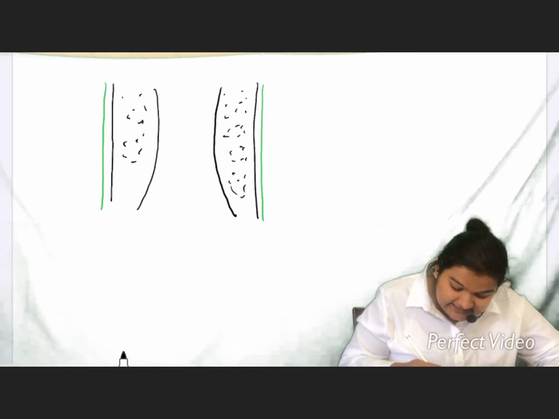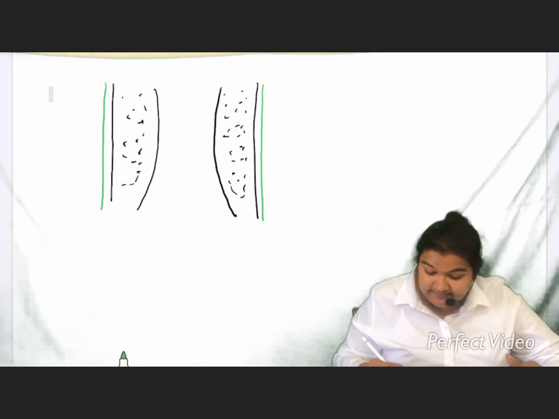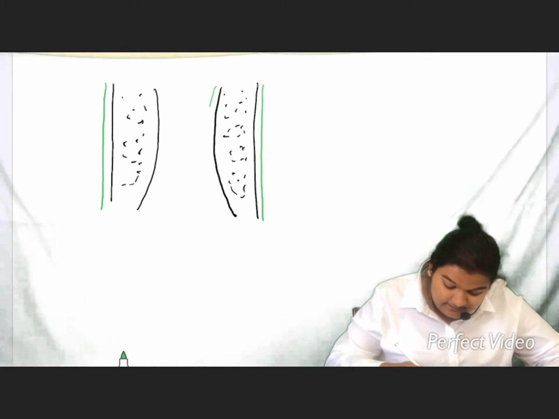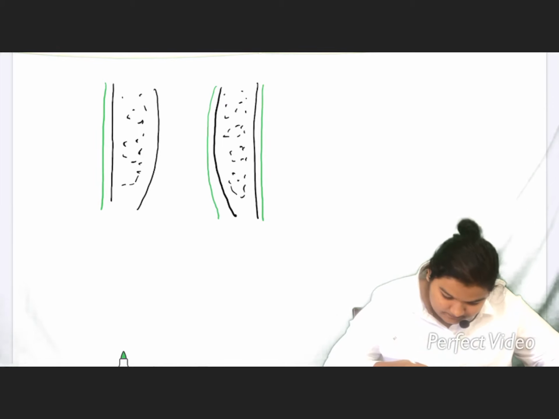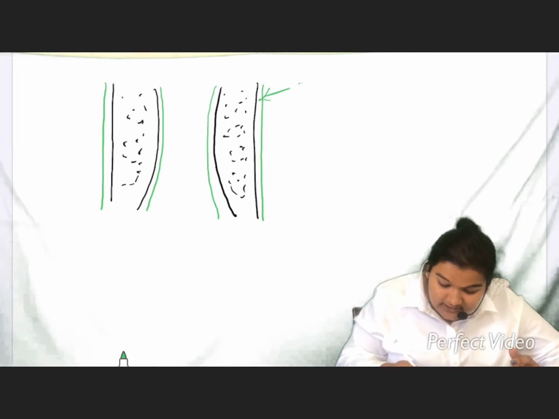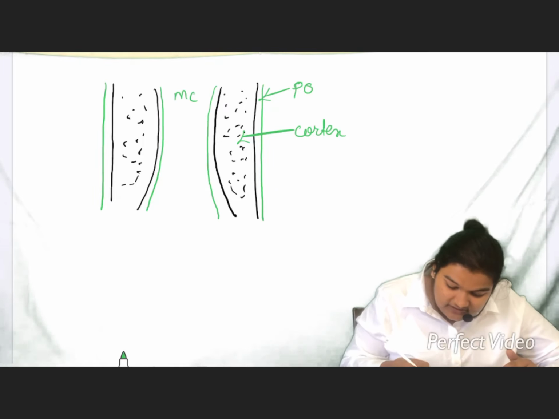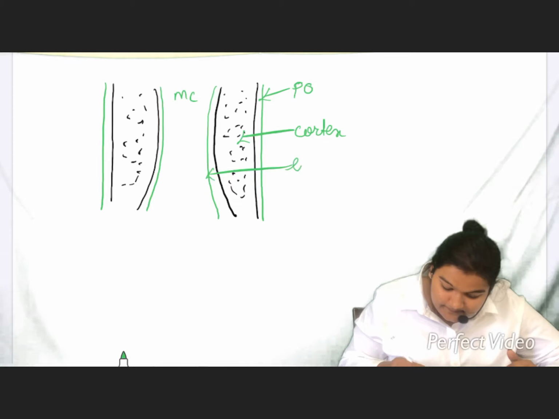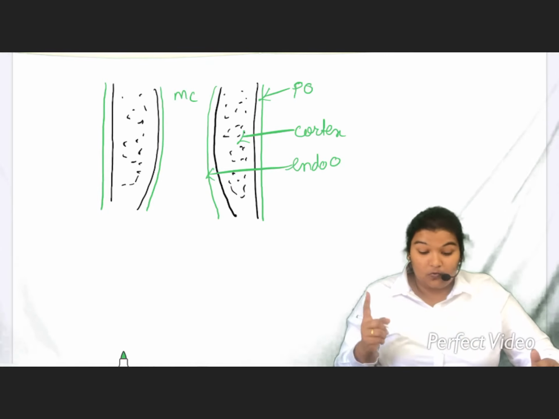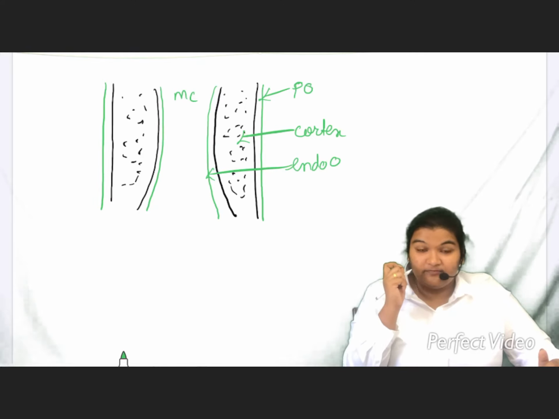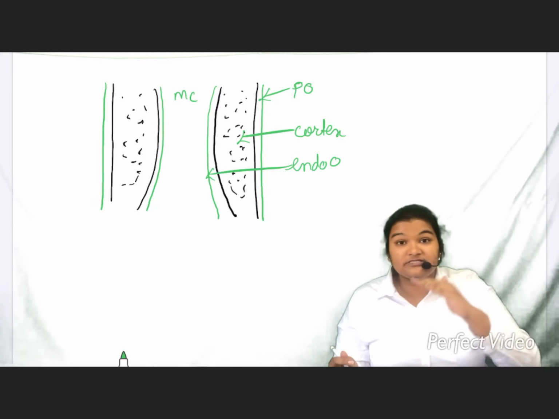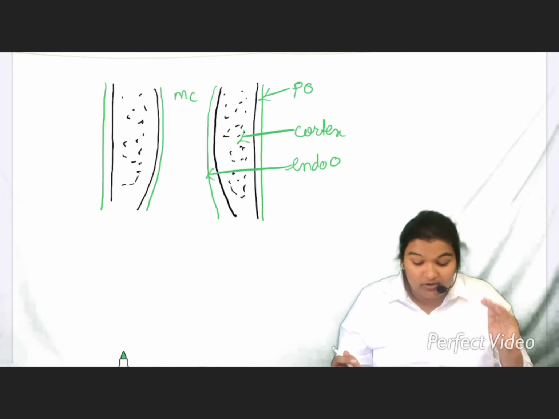This medullary cavity is lined by the fibrous layer endoosteum. Just quickly we will label this out. We have periosteum, then the cortex, this is the medullary cavity, and this one is endoosteum.